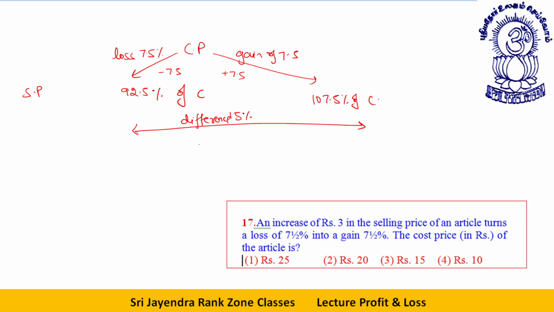So I can say this 15% corresponds to 3 rupees. So that way, 5% will correspond to how much? 1 rupee. If you multiply this by 20, therefore the 100% will correspond to 20 rupees. Therefore, you can say CP is equal to 20 rupees.